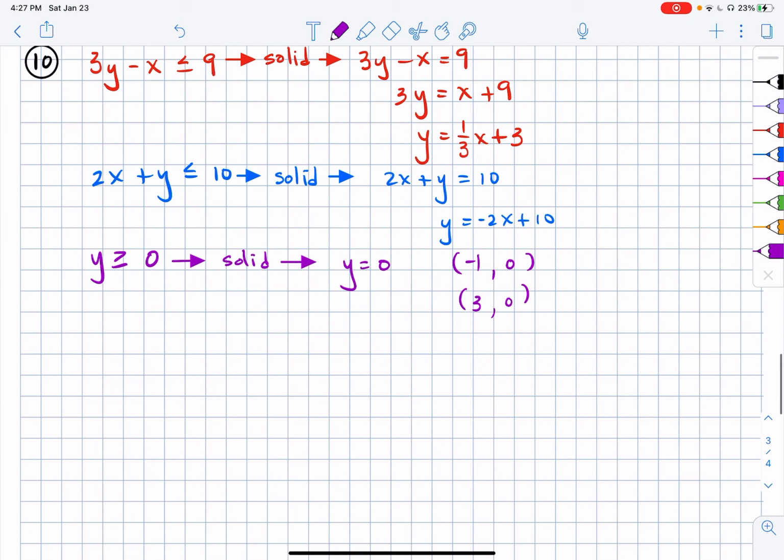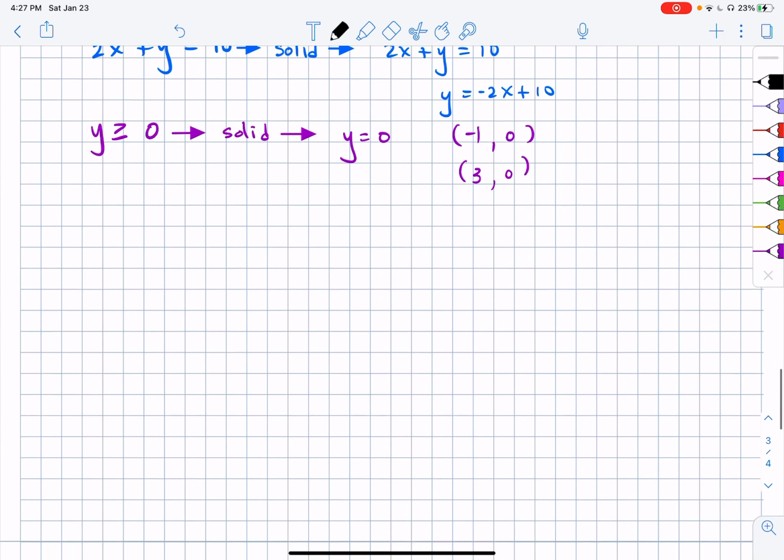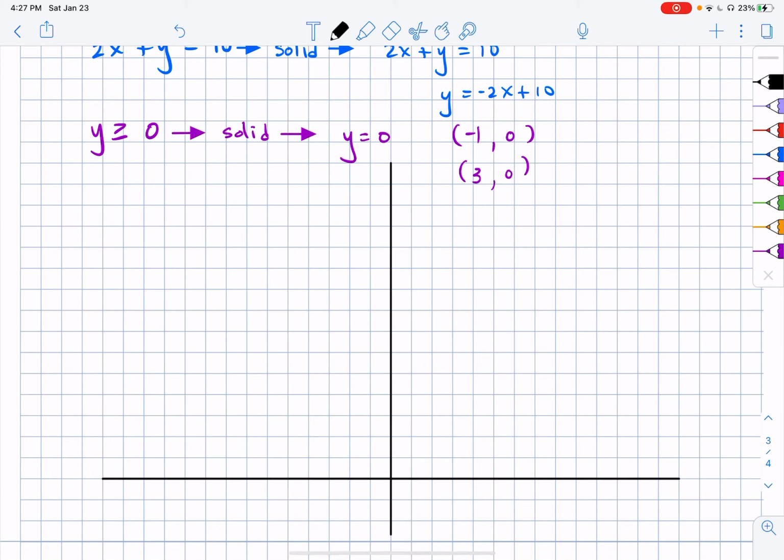All right, so let me put that right here. And put a line right here. Right. So there's my axes. All right.